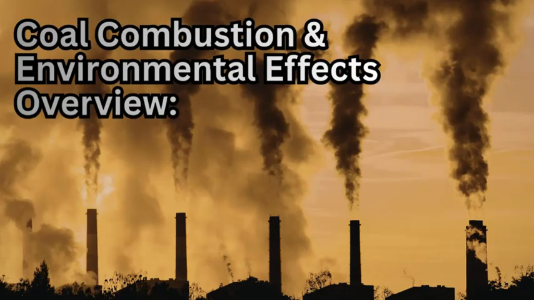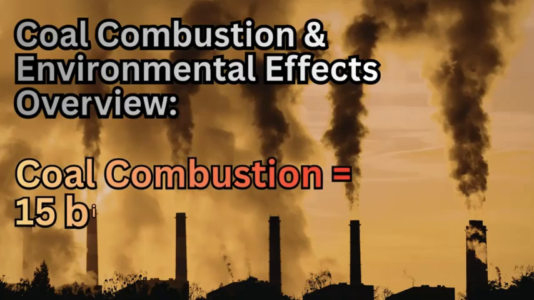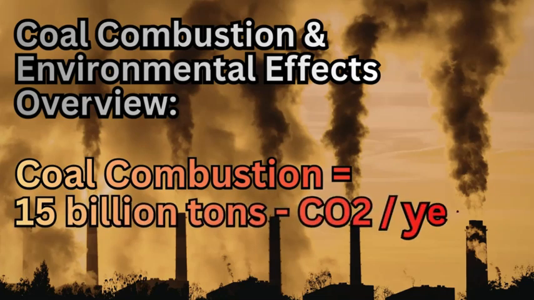However, there are severe drawbacks with burning coal, as discussed in this video. Now, climate data suggests that over 15 billion tons of CO2 is produced by burning coal every year. Now, CO2 is one of the byproducts that coal combustion produces, as discussed in the video.